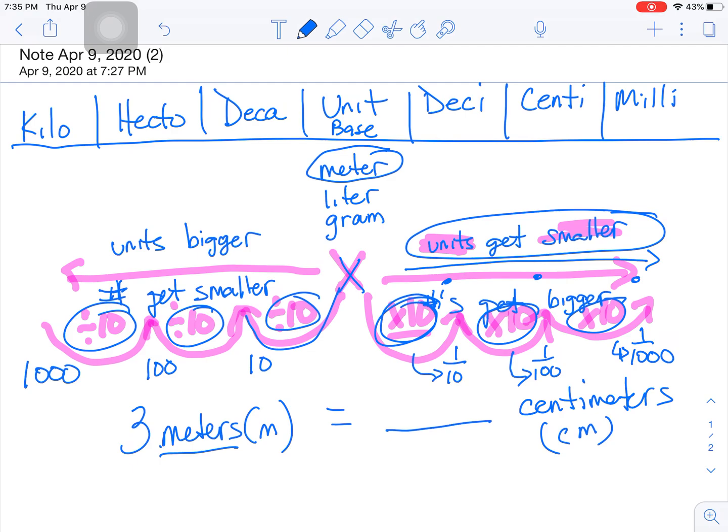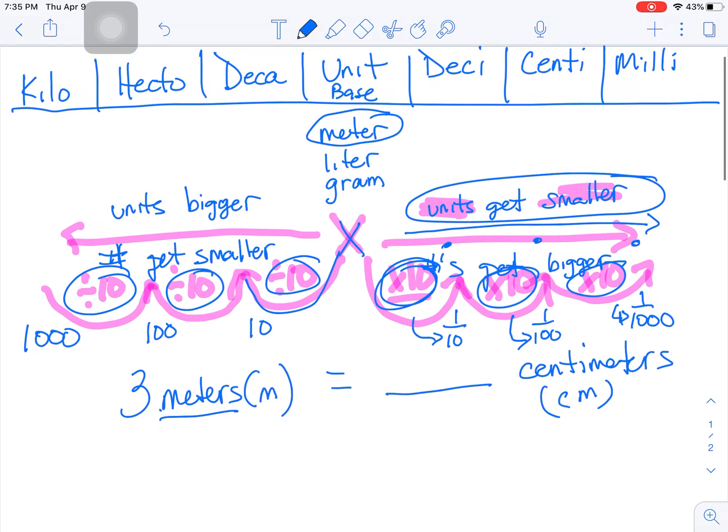All right, I'm going to move this down just a little bit and we're going to do our problem. We're going to focus now on the conversion. So the first thing that you do is you find out where's the thing that you know. I know that my 3 is in the meters. That's here in the center. So you'll see that I'll actually put my 3 there.